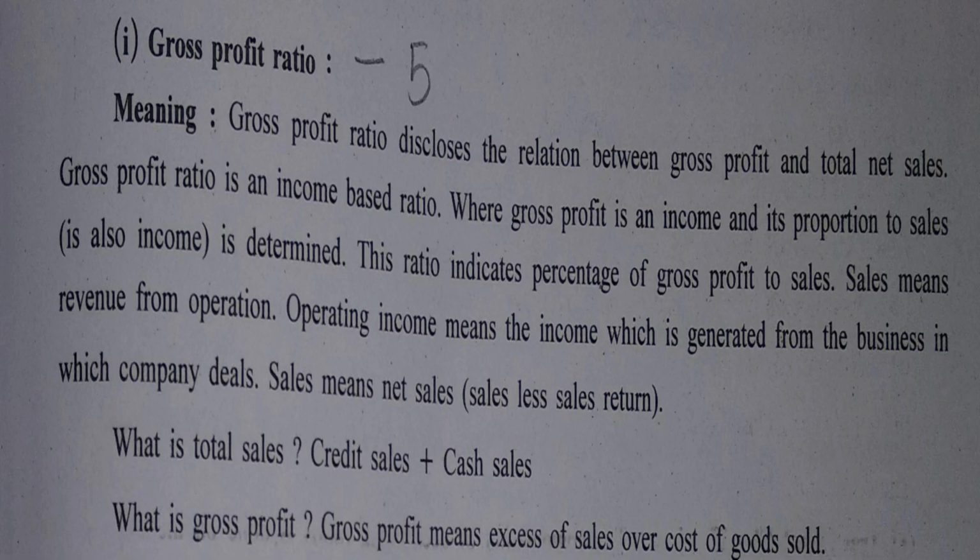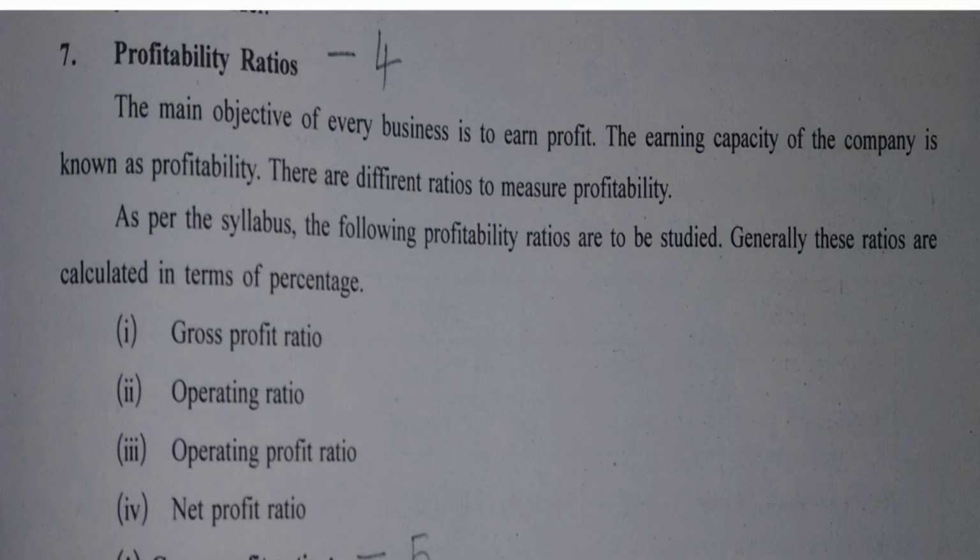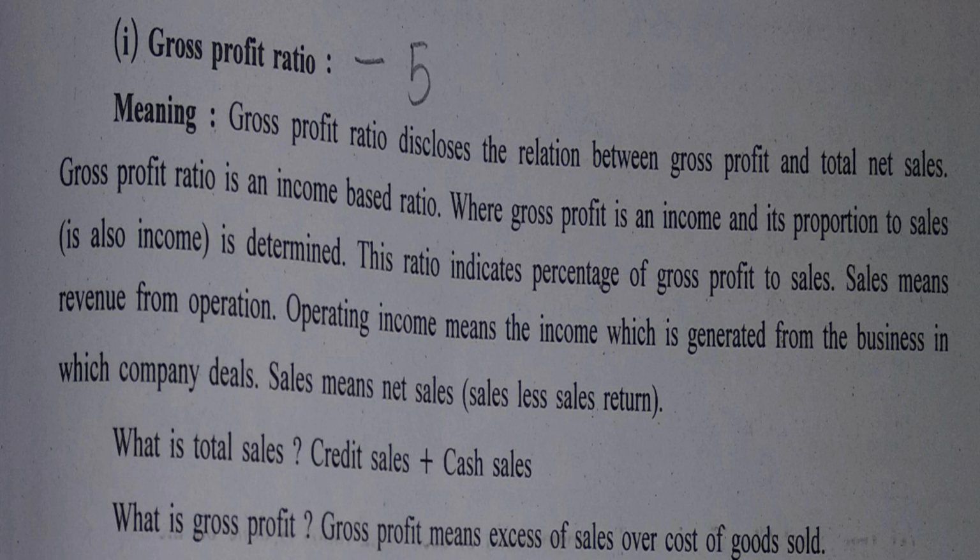I repeat the entire concept here. We have started with the topic of profitability ratios. Profitability ratios are calculated to measure profitability of business, of which the very first ratio is gross profit ratio. Gross profit ratio discloses the relation between gross profit and total net sales.